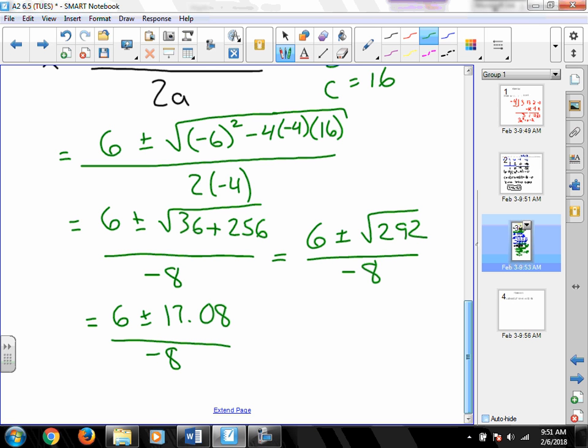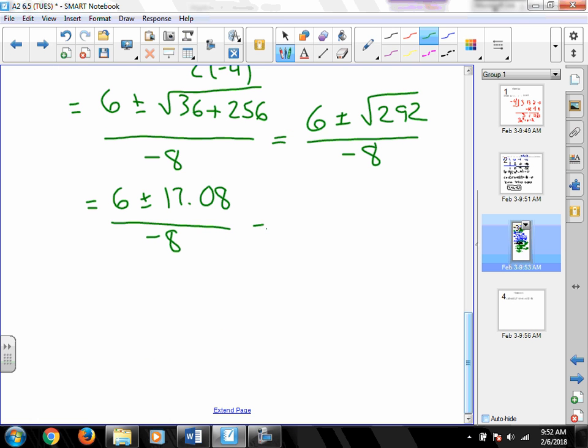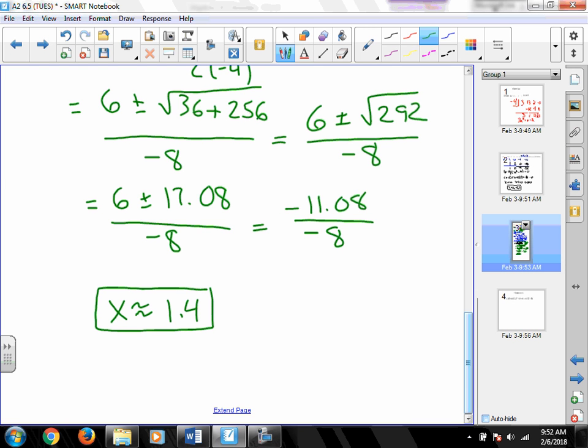Would it make sense to produce a negative amount of radios? Heck no. So we're going to take 6 minus 17.08 to get negative 11.08 and divide that by negative 8 to get X is roughly 1.4, and in this case that's million radios.